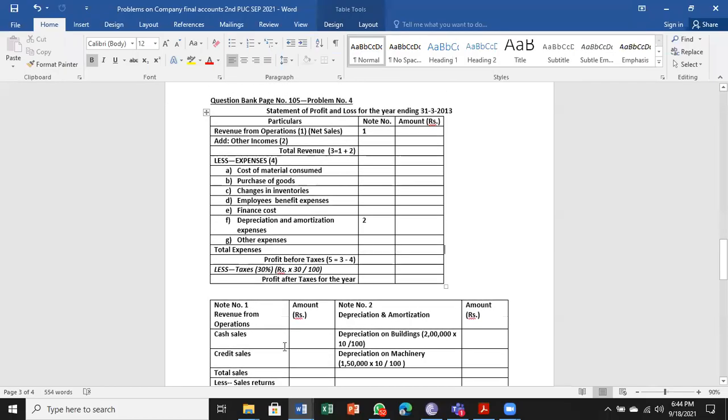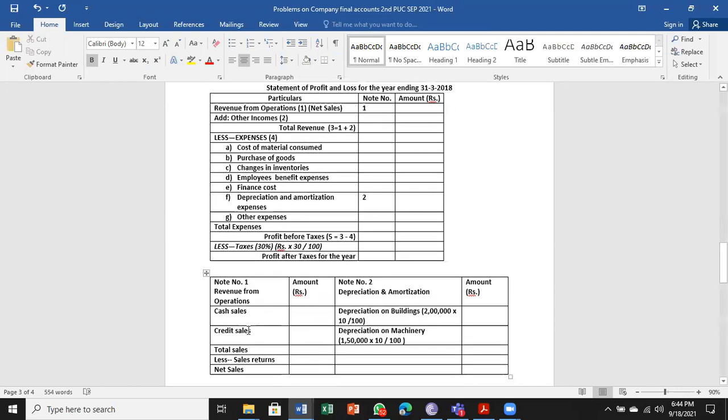So let me get into this question bank, page number 105, problem number 4. Statement of profit or loss for 2018. The pro forma is the same, and as I told, we need to have one heading for the operations, revenue from operations, and one heading for depreciation.